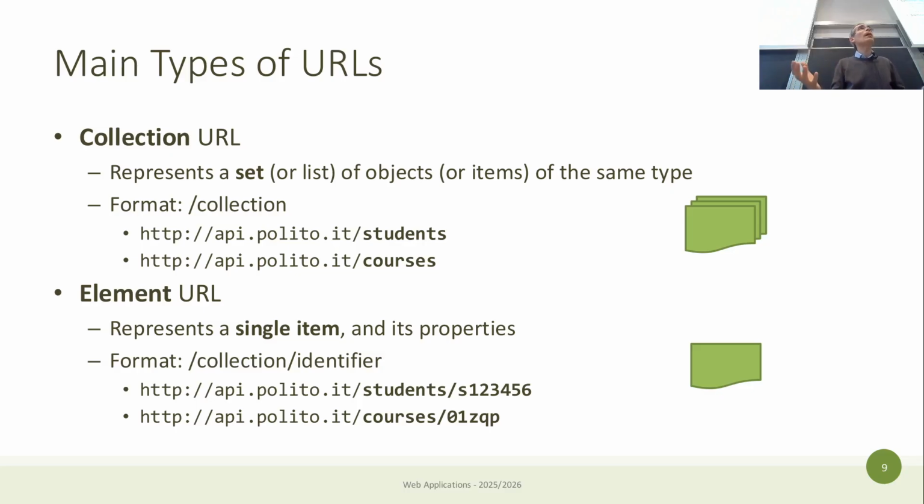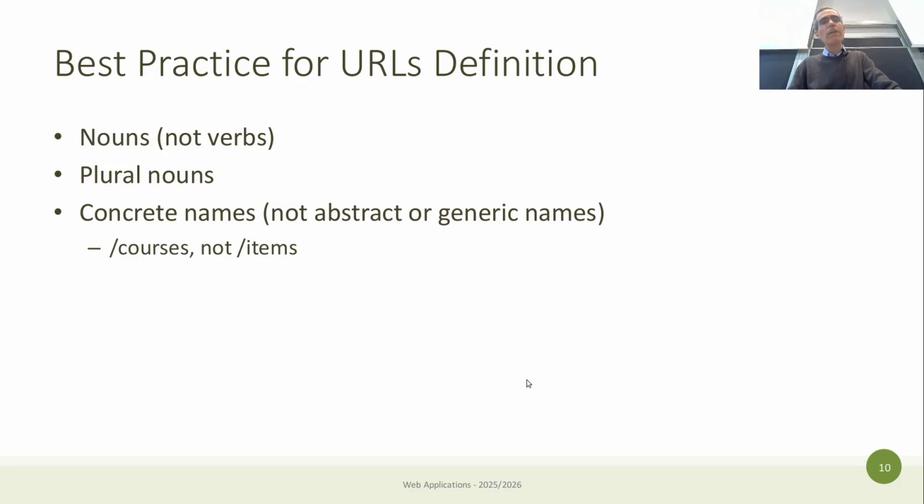As long as the ID is unique, so it can identify your object, it's fine, okay? Good. So that's the way we recommend to design URLs, okay?